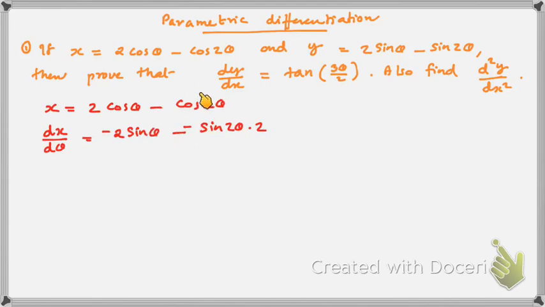Minus cos 2 theta, derivative is minus sin 2 theta into 2, the inner derivative. So here double minus will become plus, and then there is a 2 common factor. I'm going to take 2 common out, and so this positive term, minus minus is plus sin 2 theta. I write that first, the positive term is placed first, and then minus sin theta because I took 2 common out.